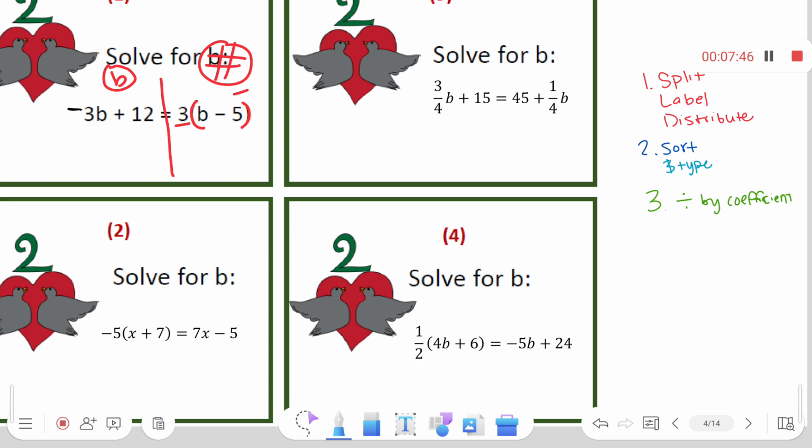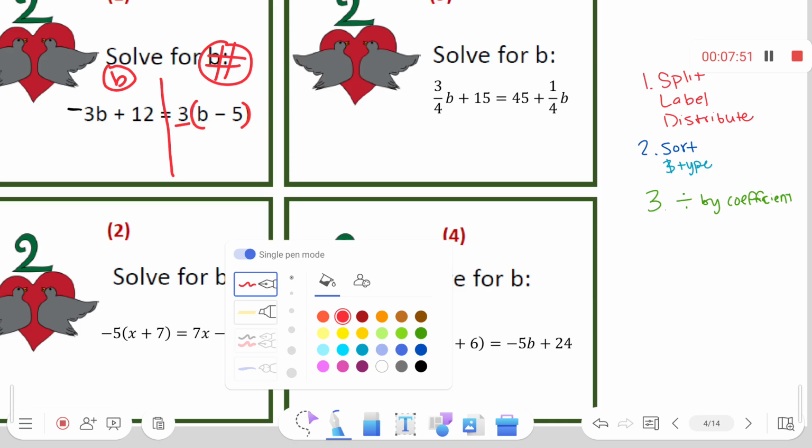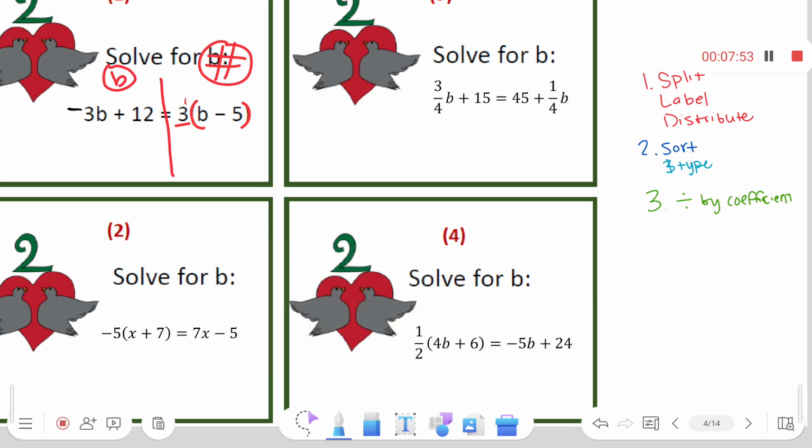If that's a yes, then I can distribute. Distributing means that I'm going to multiply the outside number to every inside piece. So we'll have 3 times b and 3 times negative 5. Well, 3 times b is just 3 b's. And 3 times negative 5 is negative 15.